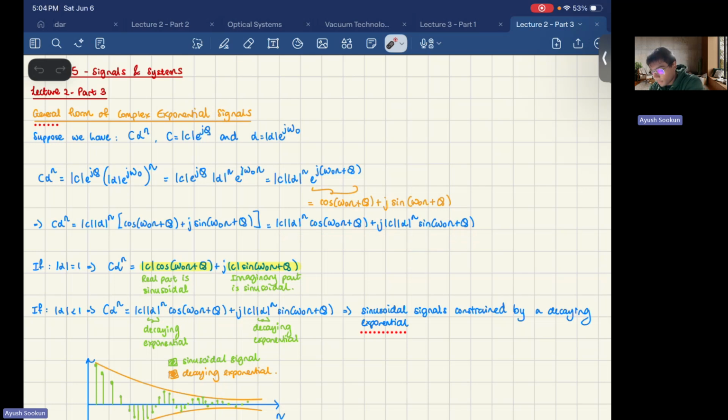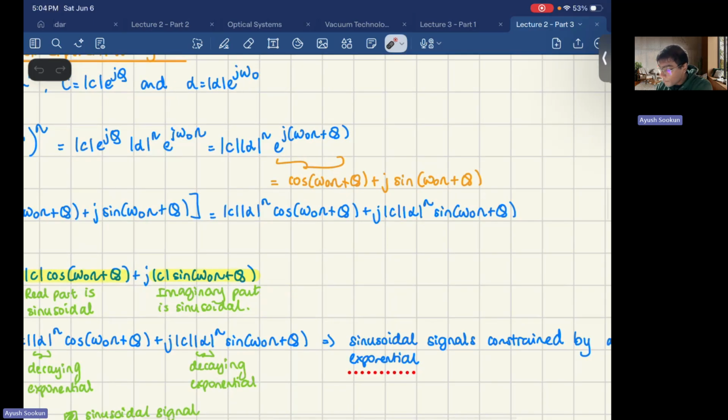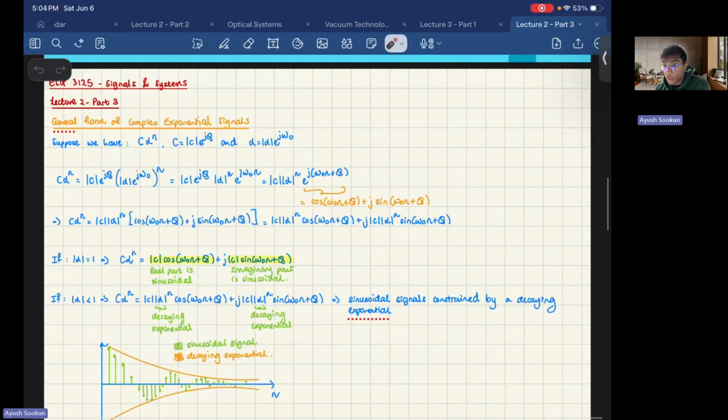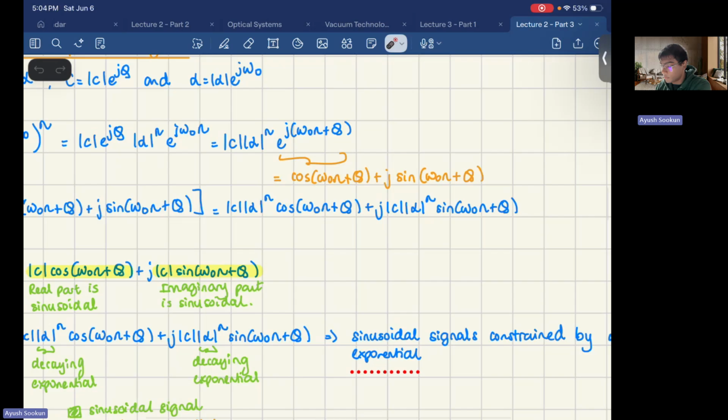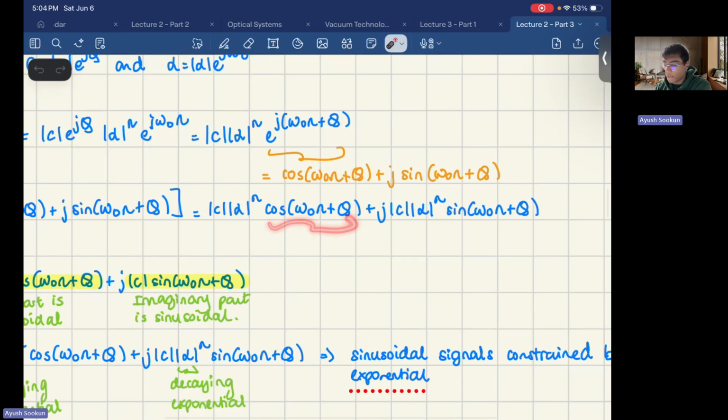Now, what's the point of doing all of this? Let me give you a little bit of a preview, a bit of foreshadowing. If you look over here, your real part is a function of n, so it depends on time. Looking at this intuitively, just the real part has a cosine, and a cosine is going to repeat itself. So you can see there's a periodicity to the function.